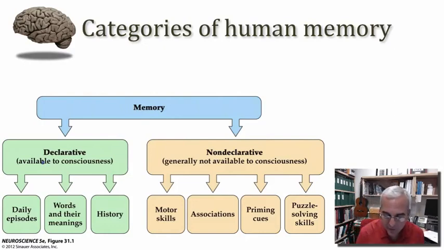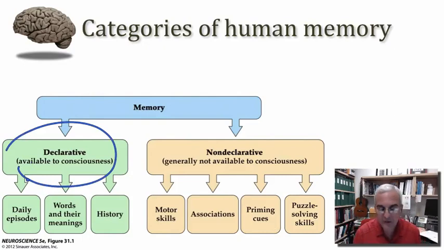This kind of memory we call declarative memory. It's available to conscious processing. It reflects the daily episodes of our lives, the semantic symbols that give meaning to our thoughts, and we can access those symbols and apply them in the form of language.